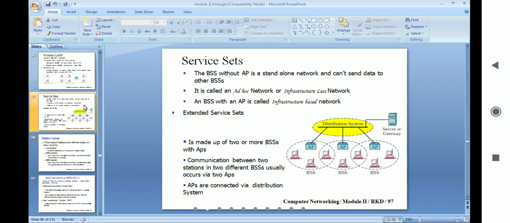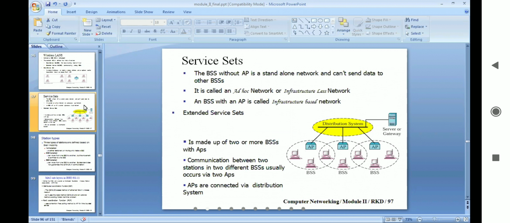That means your Wi-Fi is a wireless LAN, but it is based on infrastructure. If you remove the access point, you cannot communicate. That is unlike an ad hoc network. If you require some infrastructure for your communication, then it is a wireless local area network with infrastructure. Your Wi-Fi is the example of a wireless infrastructure-based network.